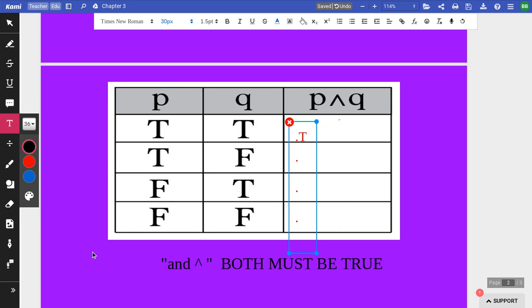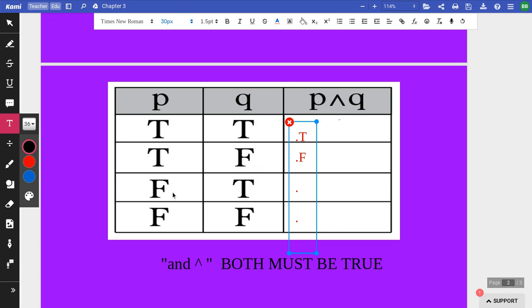Okay, the next one we have P is true and Q is false. So right now we're reading from left to right. So P and Q, P is true and Q is false. Both of these are not true, therefore it results in false.